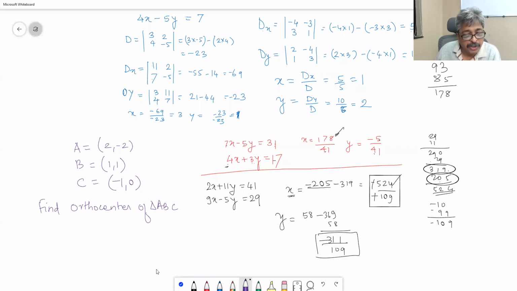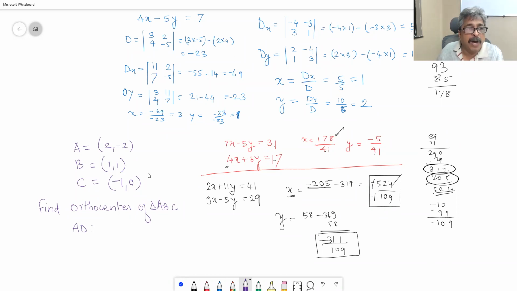Let me ask you some questions. Can you tell me the equation of altitude AD? Show me the equation of altitude AD. Okay, so the equation of AD, how will you find it? What is the slope of BC? 1 minus 0 is 1, 1 minus minus 1 is 2, so 1/2 is the slope of BC.